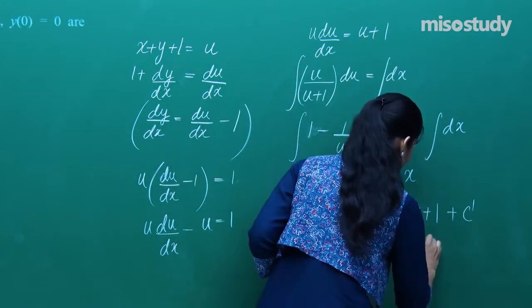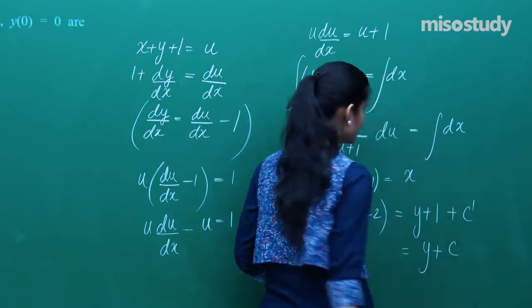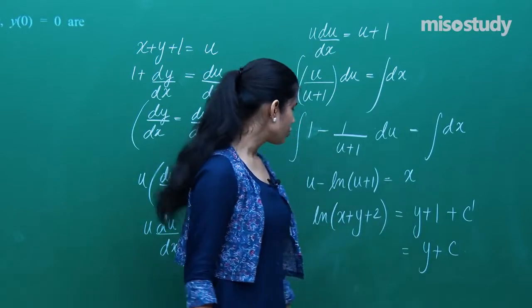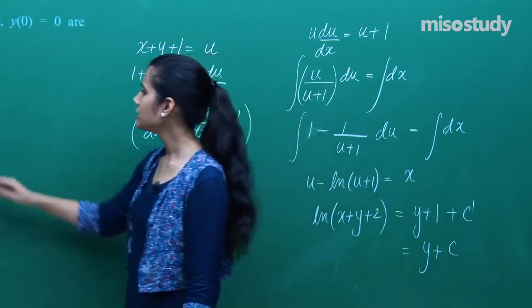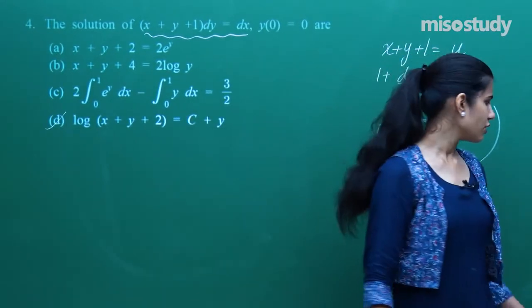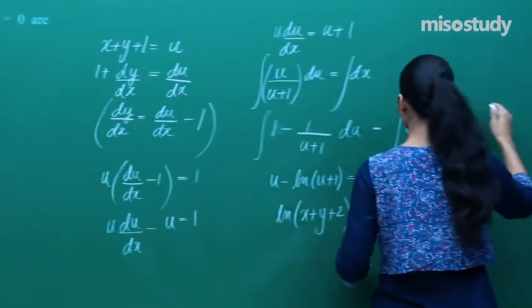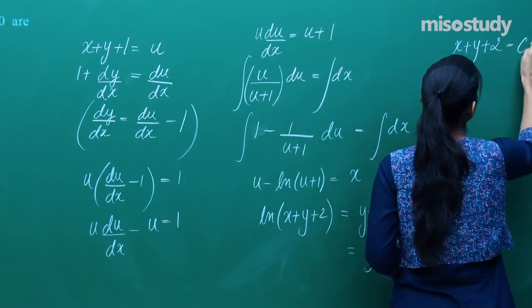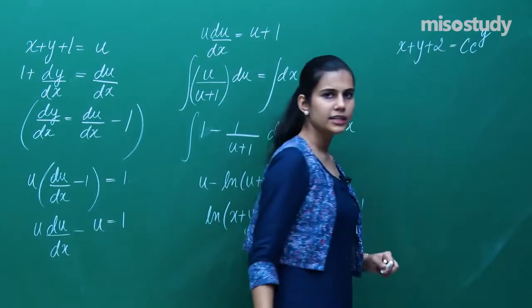Or what I can say is this only. 1 plus some constant is some other constant. So you get ln of (x plus y plus 2) is y plus some constant, which is this. Now if you solve this, what you get is x plus y plus 2 equals c times e^y. I can write it like this.